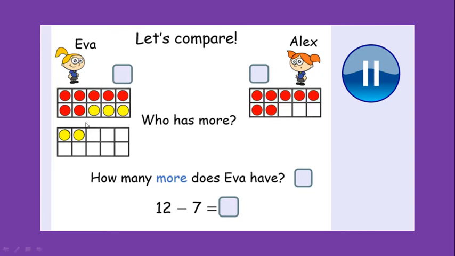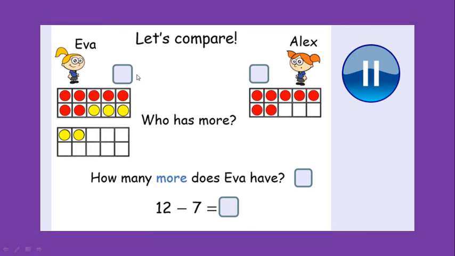It's Eva, isn't it? Because Eva's amount goes into a second tens frame, which means she has got more than 10. And Alex's counters are within 1 tens frame, so she's got less than 10. So, who has more? We've said it's Eva.